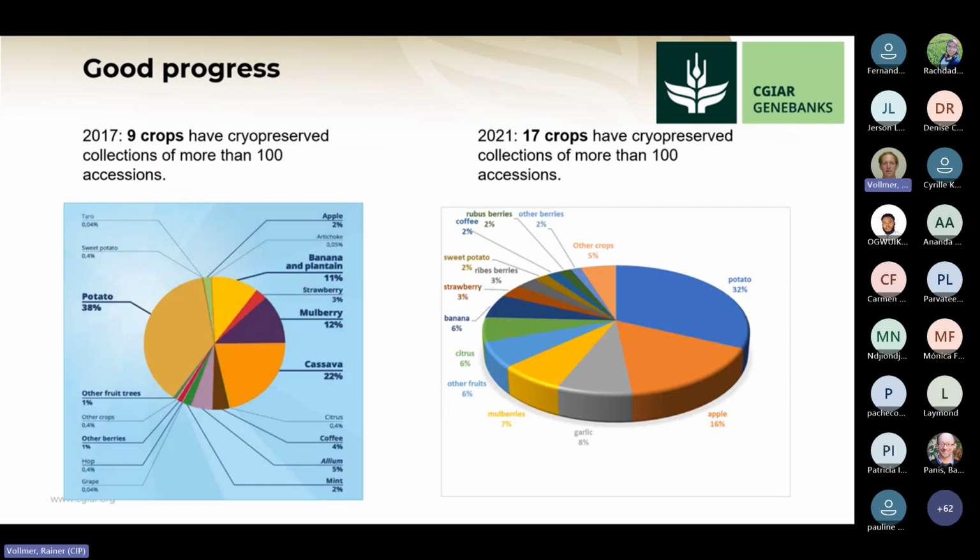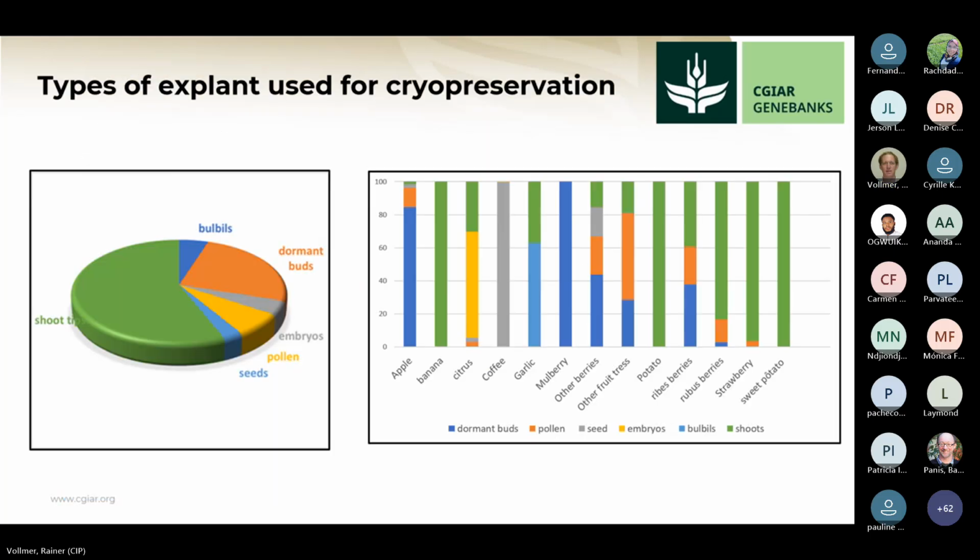In the first survey in 2017, 9 crops were cryopreserved with more than 100 accessions per crop, but this number increased to 17 crops for 2021. So we made progress, and that's nice to see. The most frequently cryopreserved crops are potato, banana, cassava, apple, garlic, and then others.